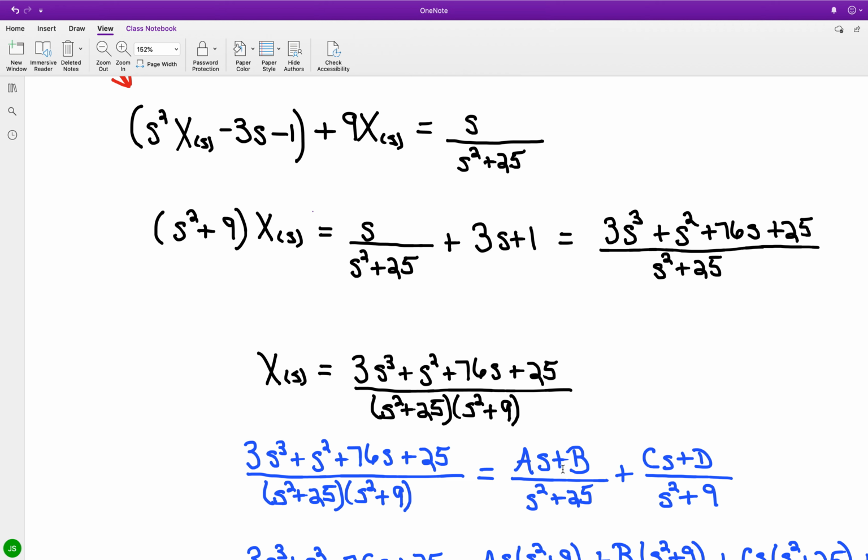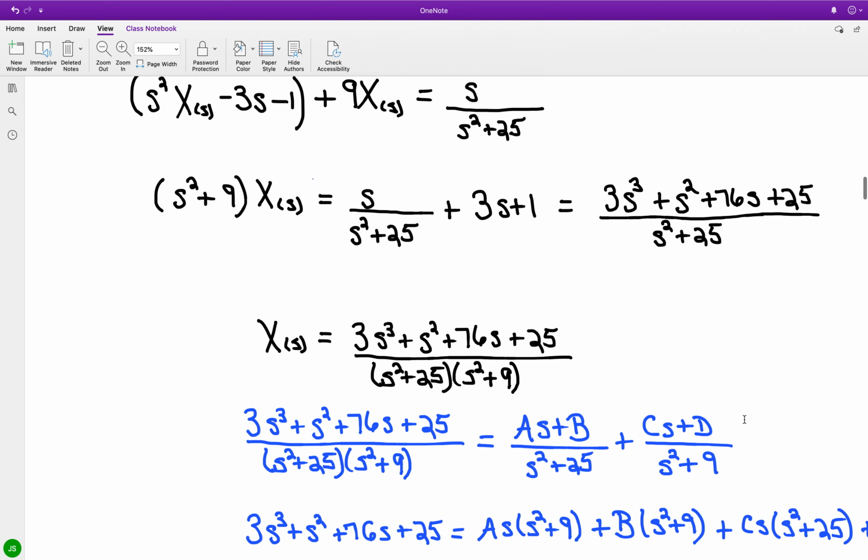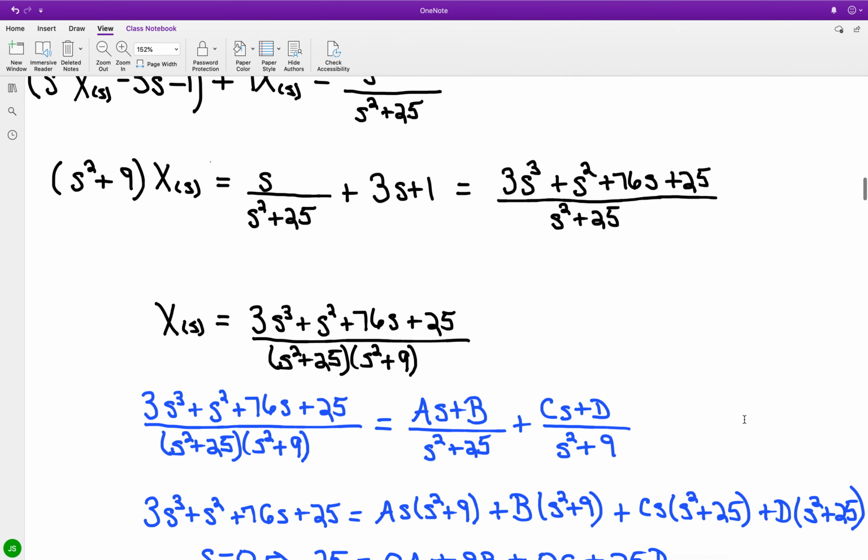So we have As plus B over s squared plus 25, and Cs plus D over s squared plus 9. Upon clearing the fractions by multiplying everything by both s squared plus 25 and s squared plus 9, As and B are multiplied by s squared plus 9, whereas Cs and D are each multiplied by s squared plus 25.